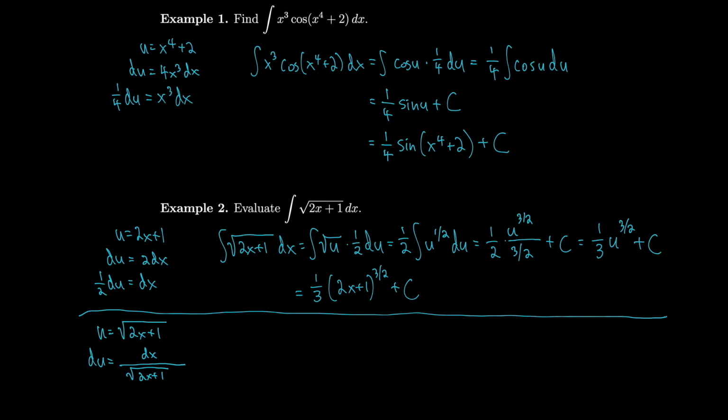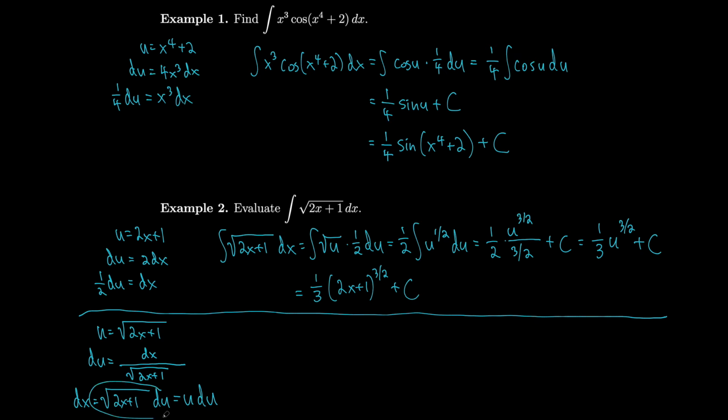If we multiply both sides by square root 2x plus 1, we get that dx is equal to the square root of 2x plus 1 times du, but we said that square root of 2x plus 1 was equal to u. So we can replace square root of 2x plus 1 with u and get that this is equal to u du. And now we have a complete substitution for dx.